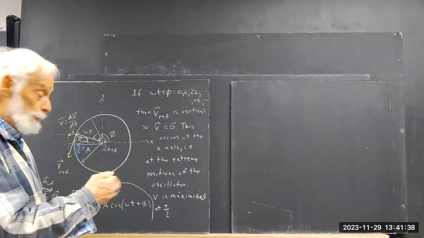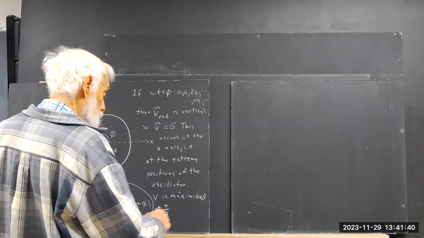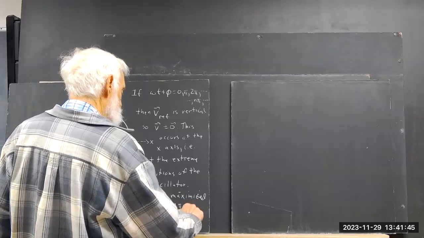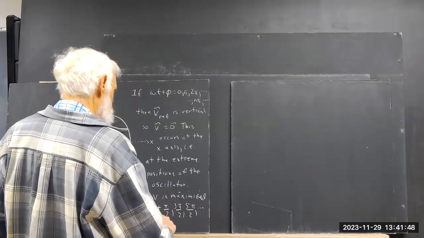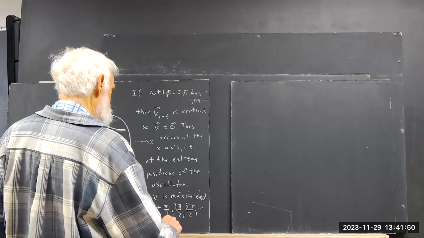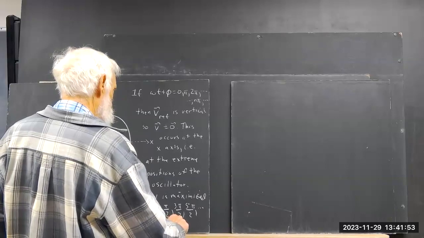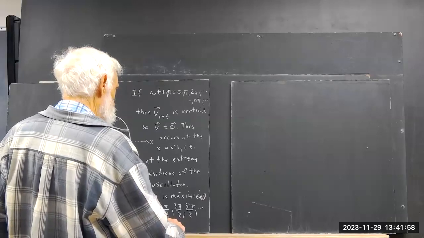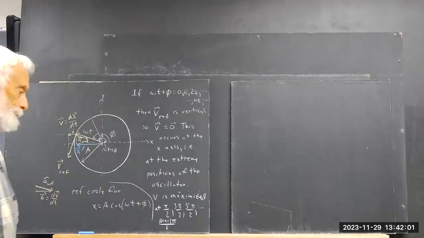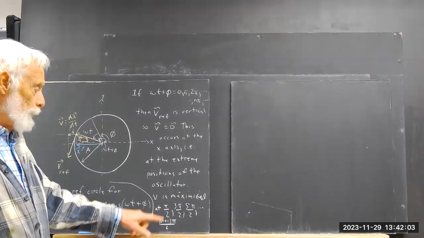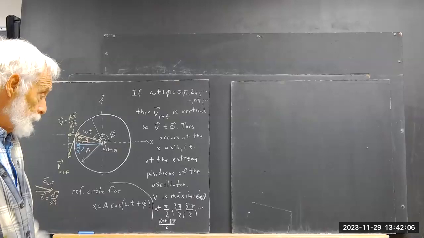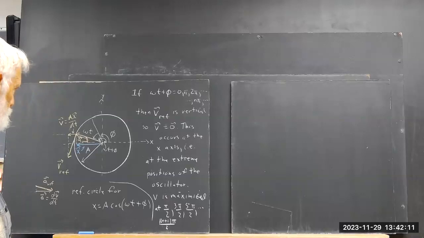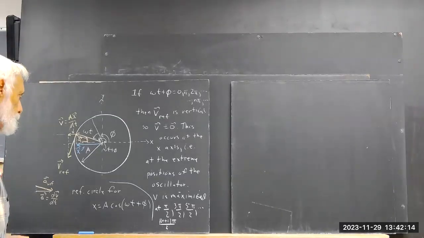I don't have an arrow on it, so this is the magnitude of the velocity vector. And you could call that n plus 1 pi over 2. That formula gives you odd multiples if n is an integer. It's not written very big, but that says (2n plus 1) pi over 2. All right.